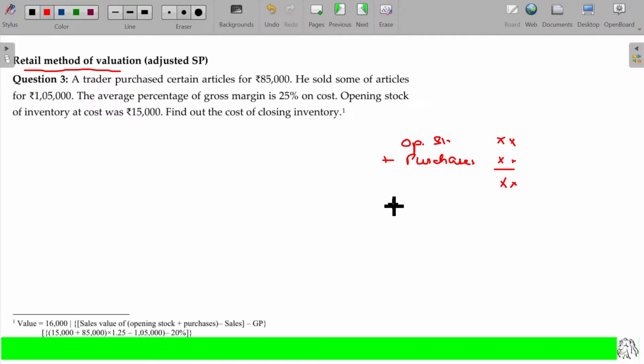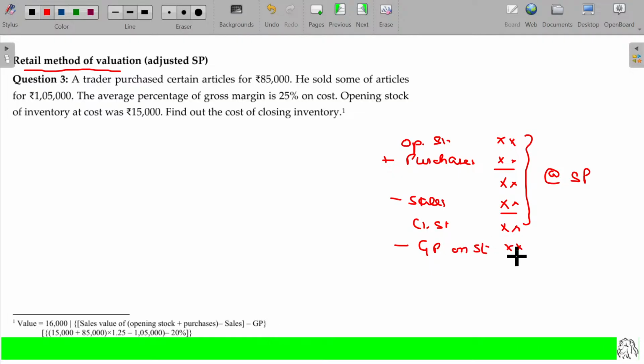From there, sales is subtracted to find out the closing stock. But you have to find out all these values at selling price. From there, you have to subtract the GP on stock. Then you will get the closing stock at cost. This is called the retail method of valuation.